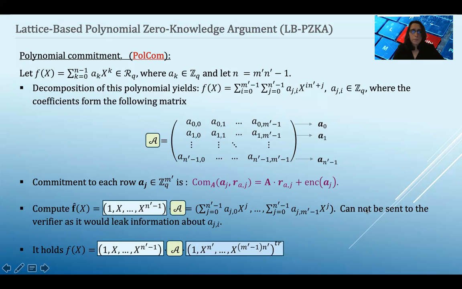So this vector cannot be sent to the verifier in a direct way, because this would easily leak all the coefficients of the coefficient matrix and of the original polynomial. It is also important to note that the original polynomial can be reconstructed from this matrix by first multiplying the matrix from the left by the powers of x, and then multiplying the result from the right by the multiple powers of x.